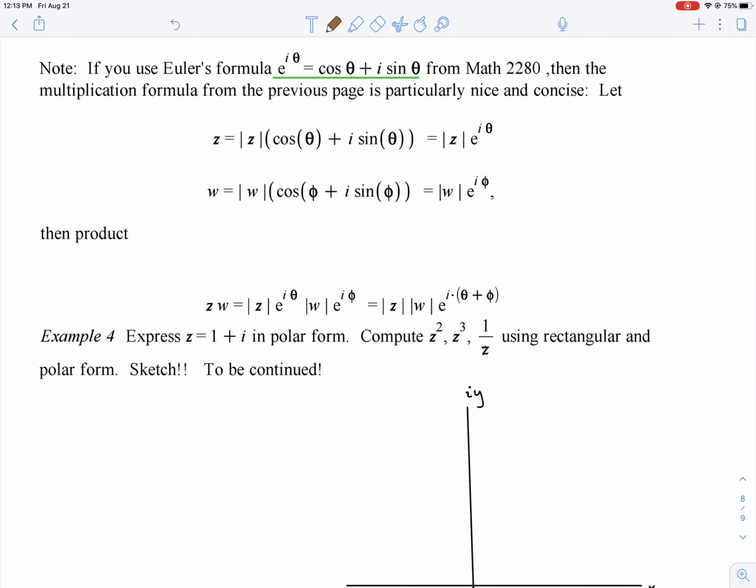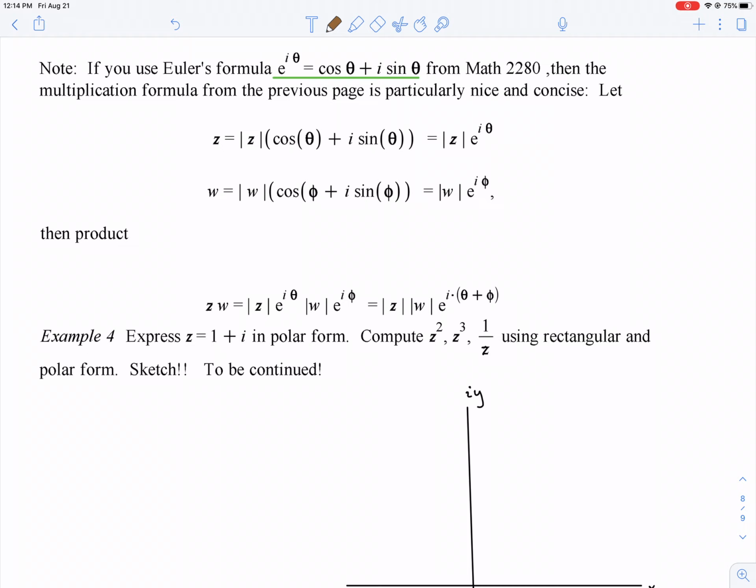The multiplication property is especially concise if you recall Euler's formula from 2280, which is that e to the i theta is cos theta plus i sine theta. That was actually a definition of e to the i theta, motivated by Taylor-Maclaurin series.